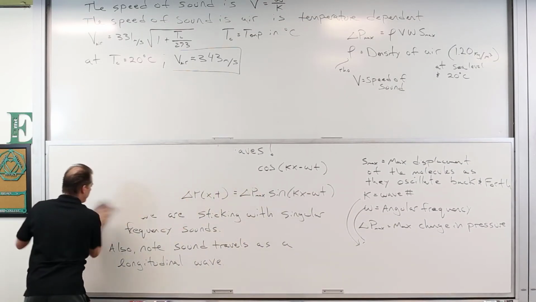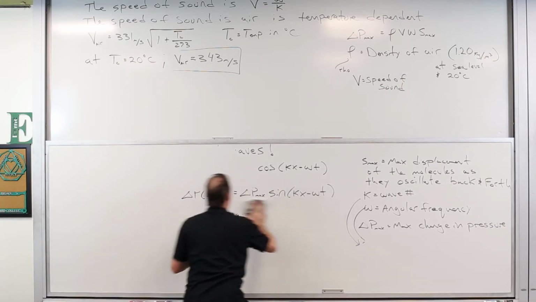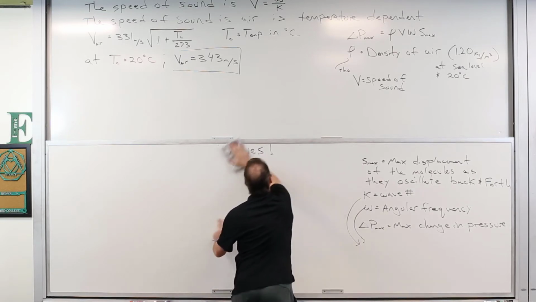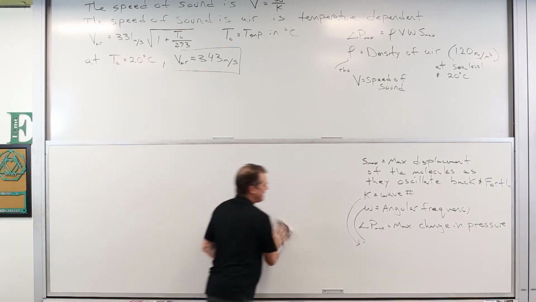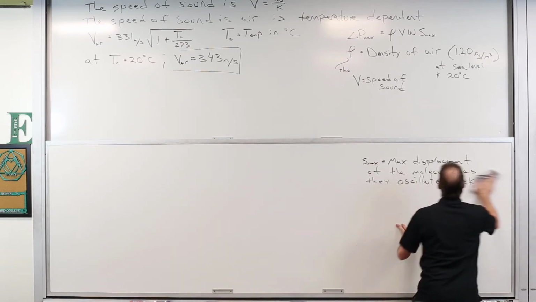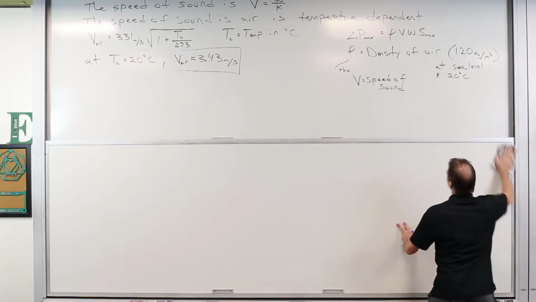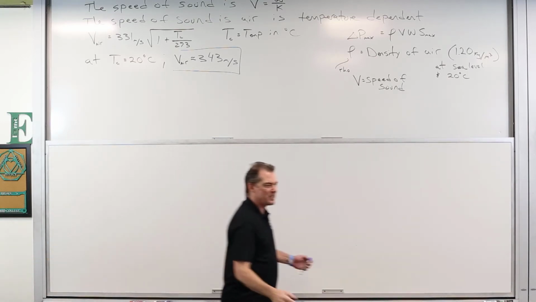Well, what we could do is now start talking about power. And we actually looked at it already for waves on a string, and we could go through and derive it again. Velocity, force, such things, pressure and displacement.